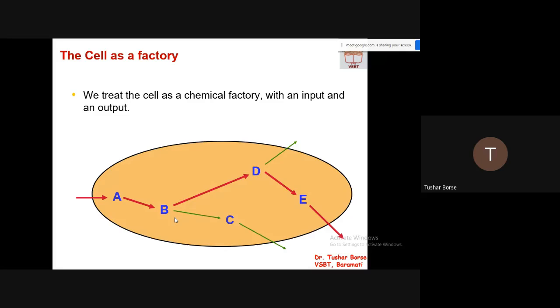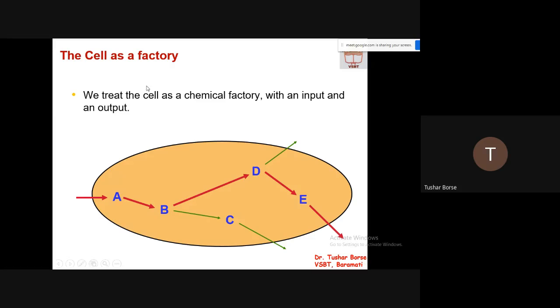And few of the things, as I told you, could be excreted as output. It could be a waste material, or it could be some important metabolite being produced. It could be an antibiotic, an acid, or ethanol, alcohol, in the case of anaerobic conditions. So that kind of output could be brought about.